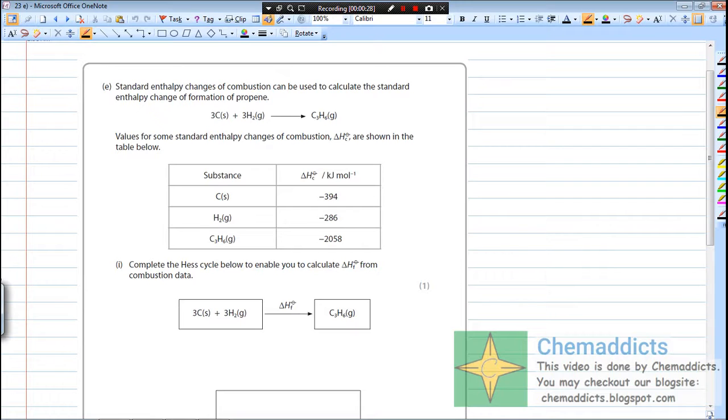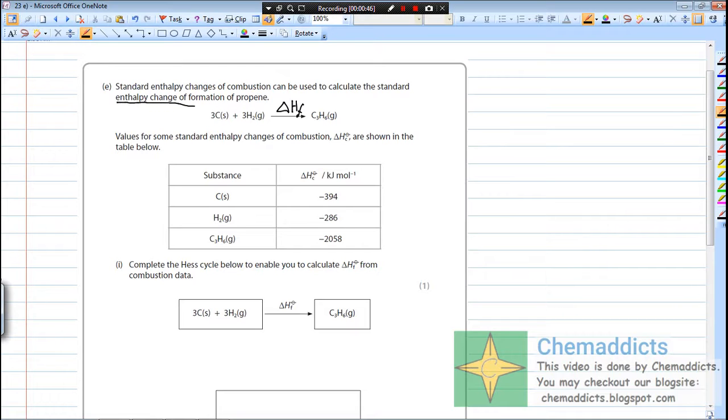So at first, let us read the question. Standard enthalpy changes of combustion can be used to calculate the standard enthalpy change of formation of propane. Here we can see that this is the standard enthalpy change of formation.